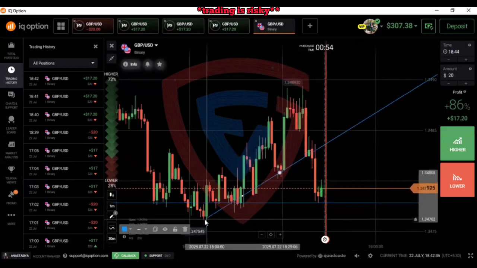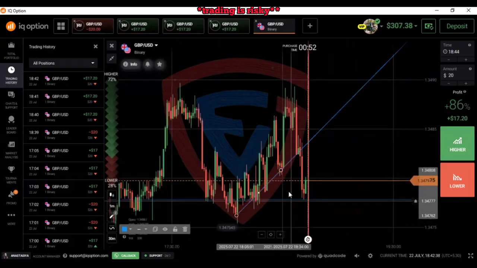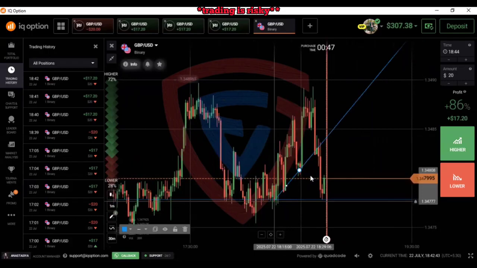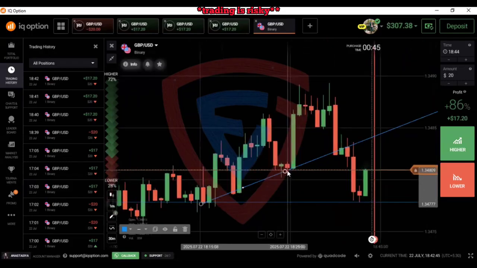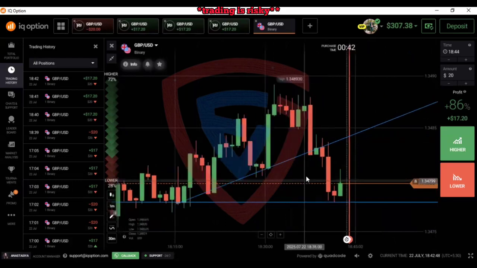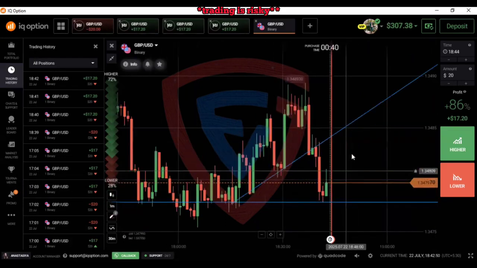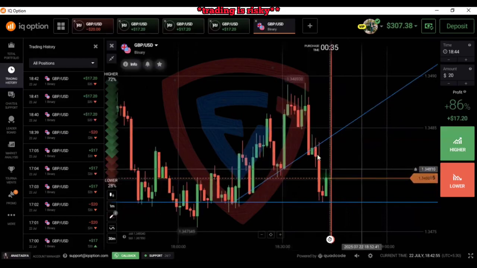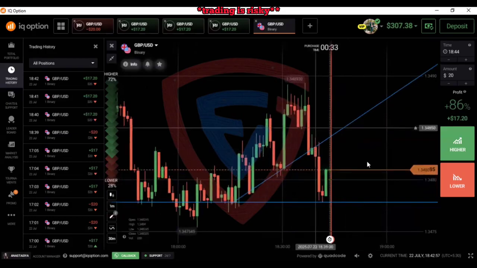So if we draw, this is also not a level. After a breakout, sometimes there might be retracement candlesticks. That's why we are seeing here a bullish candlestick, but it closed at the level with strong upper rejection.